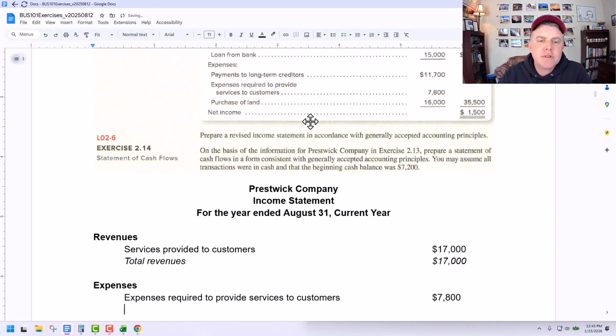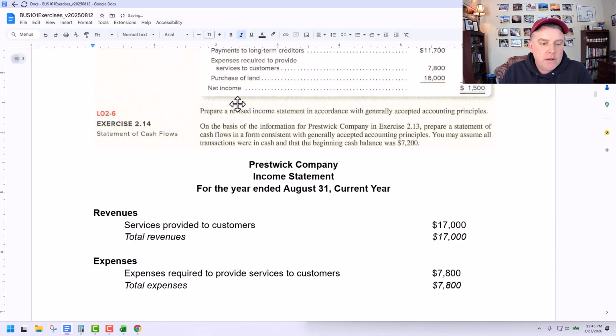And then purchase of land. Purchase of land is the exchange of cash for a land asset, which both of those accounts are balance sheet. This is not an expense. So there are no other expenses here. We can now list total expenses of $7,800. Okay, and that's it.